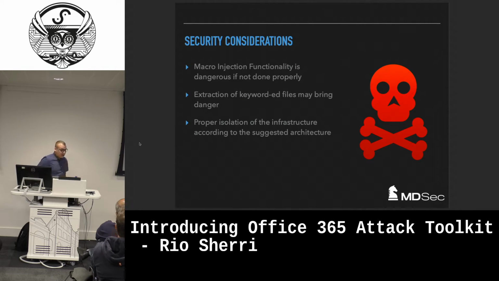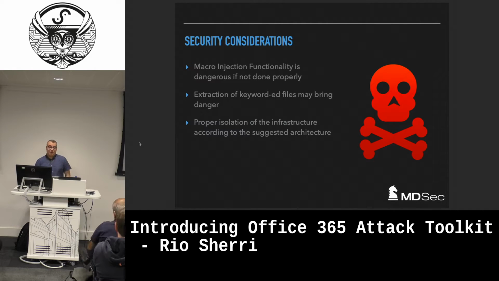The macro injection functionality is kind of dangerous if you don't do it properly, because the way it works is it downloads the user files and stores them on your attacker machine, and then uses a Word COM object to open the Word document and inject the macro.